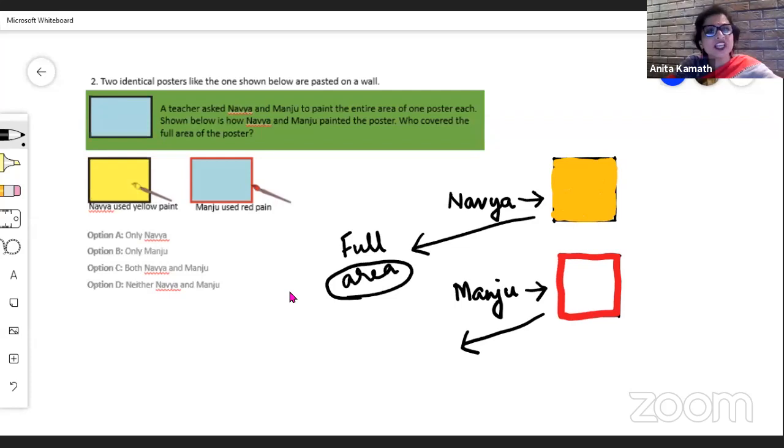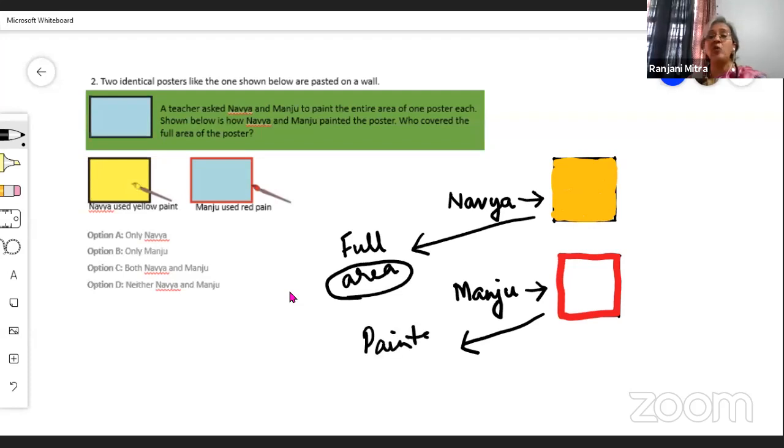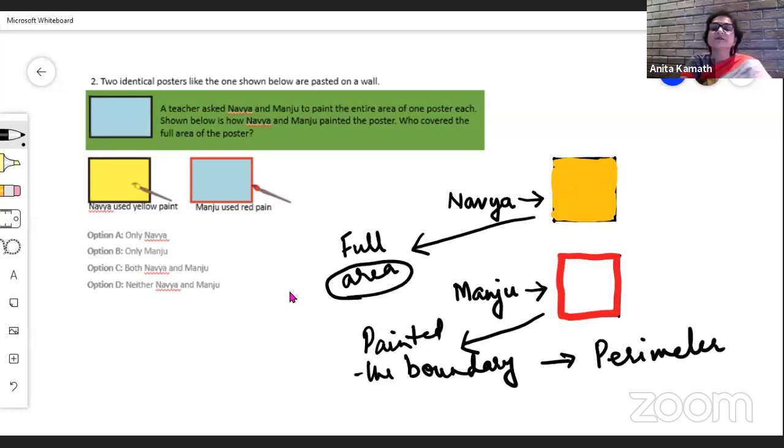It's a boundary, or what you call a perimeter. Correct. She painted the boundary, so it means she painted the perimeter. Same question, in the same question, it is testing the misconception that children have about area and perimeter.